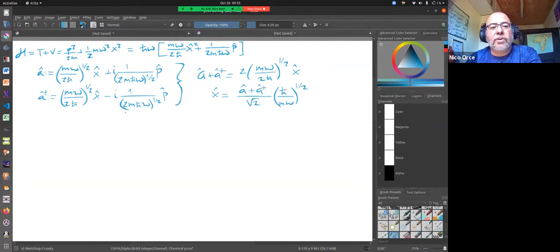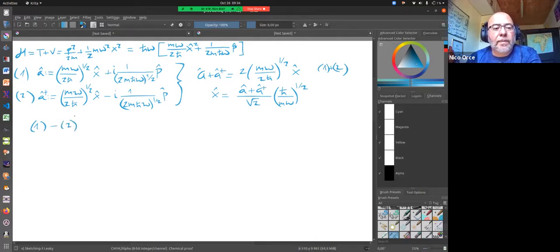Now we subtract these two equations, equation 1 and 2. Here what we did was 1 plus 2, and now here we do 1 minus 2, and we get rid of these terms.